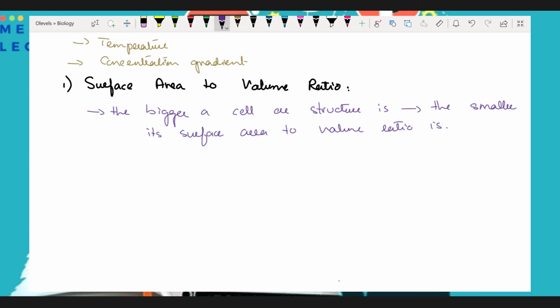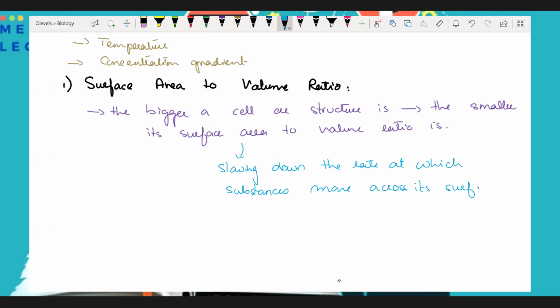And that is going to slow down the rate at which substances move across its surface, right?